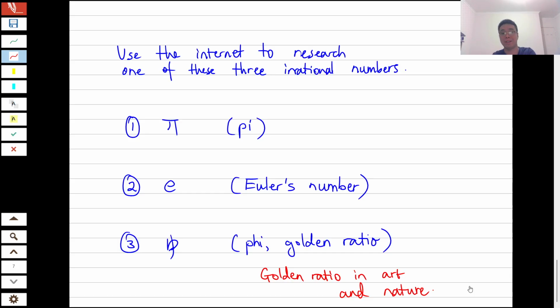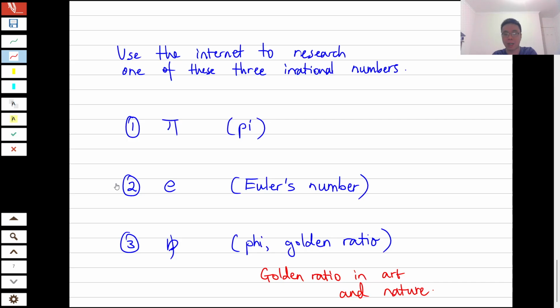It's really quite fascinating. If you're heading into higher level maths, so perhaps you might take maths methods or a university course that requires some maths, I recommend you look at either pi or E or both.